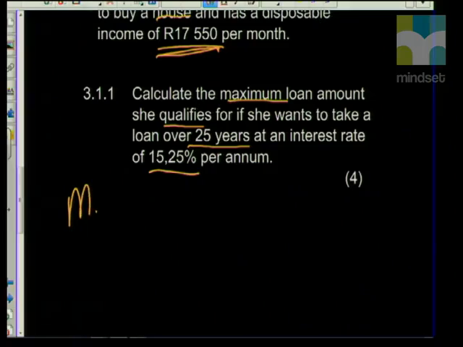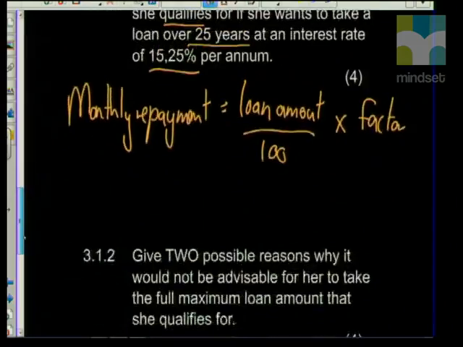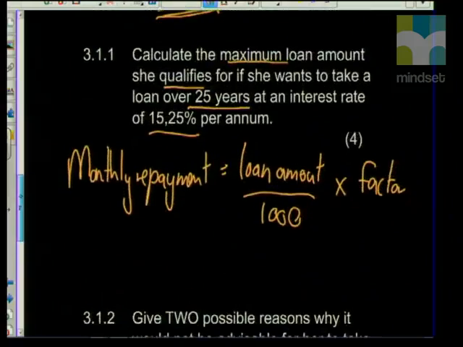So let's just take that formula and say monthly repayment equals the loan amount divided by 1,000 times the factor. Now, I think we've got all the information that we need, but I must put the 1,000 in correctly.